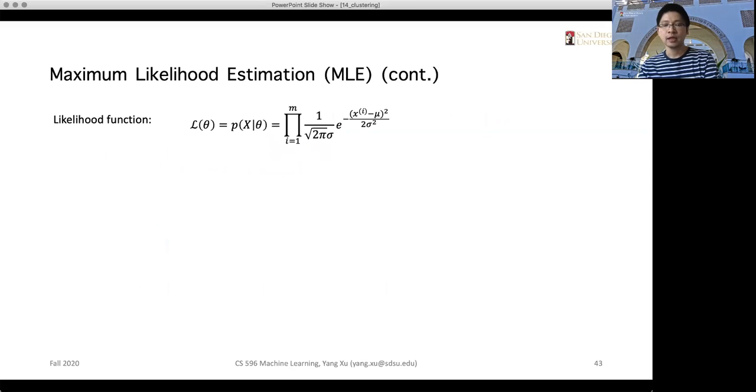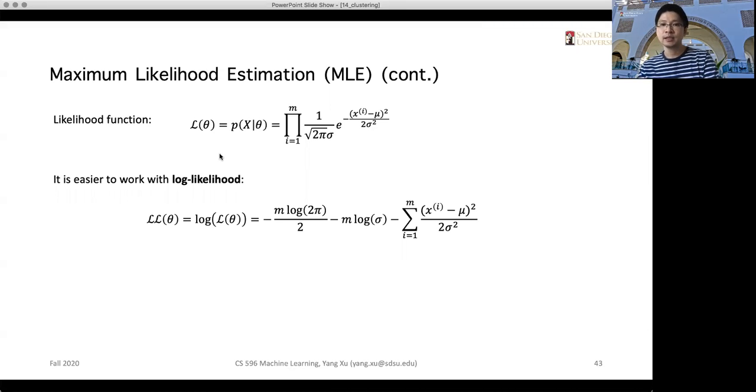We use the letter L to indicate the likelihood function, which is the product of all individual likelihoods, and it involves an exponential function. Mathematically, we can take the logarithm of it, and the logarithm does not change whether a function is monotonically increasing or decreasing.